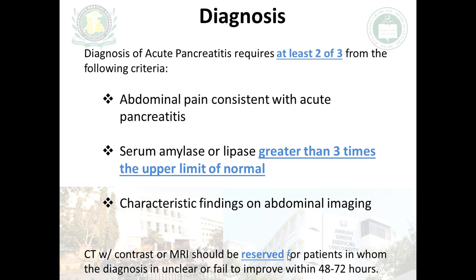So if the first 2 are present, like a patient has typical abdominal pain related to acute pancreatitis and their amylase or lipase is raised, then you will label this case as acute pancreatitis. But if any one of them is missing, then you should go for abdominal imaging, in the form of ultrasound abdomen and CT scan abdomen.